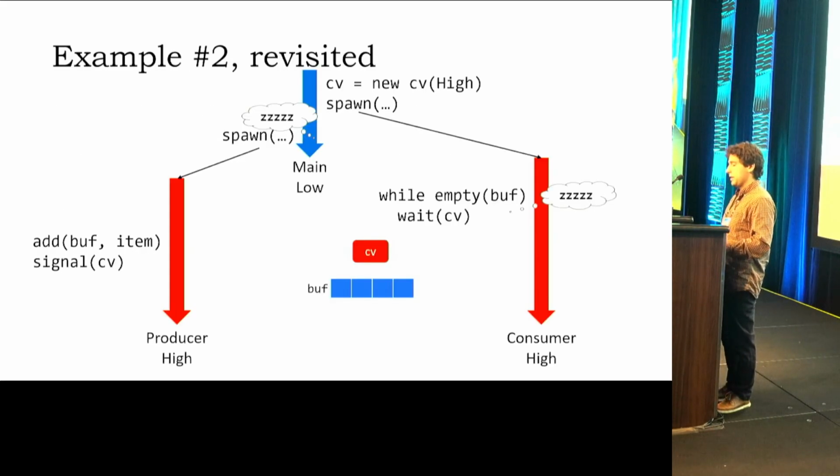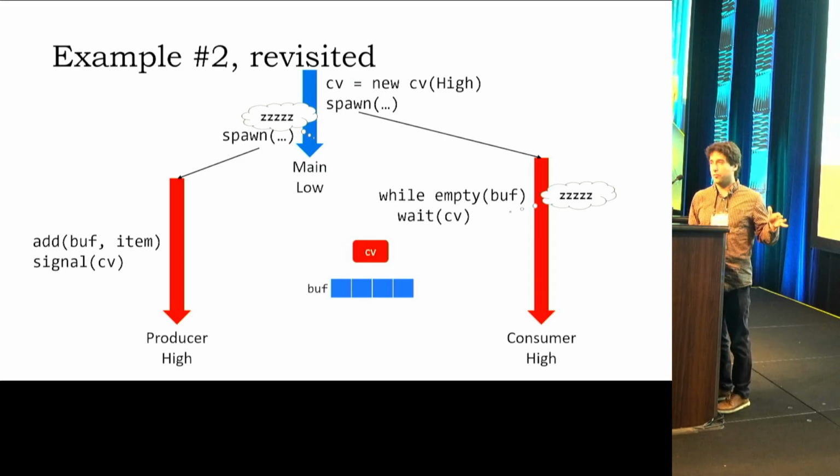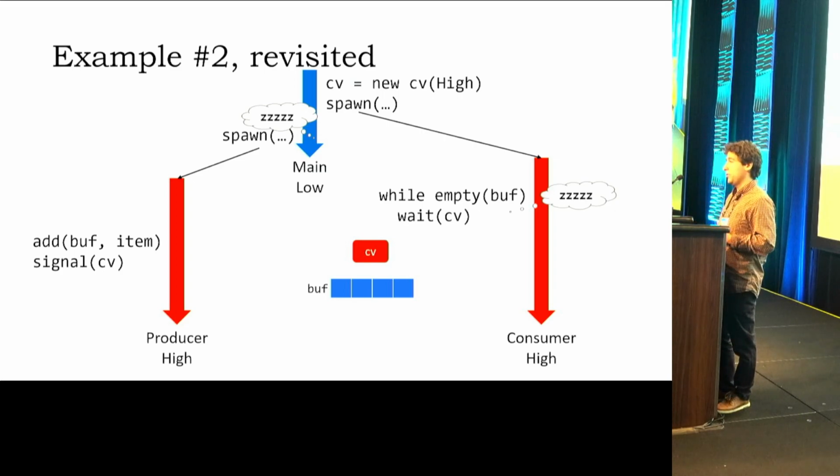So going back to this example, this means that the producer thread now can't signal that condition variable. It's at high priority, the condition variable is at high priority, but it is spawned by a low priority thread. And so now we've said that we're not going to allow this.